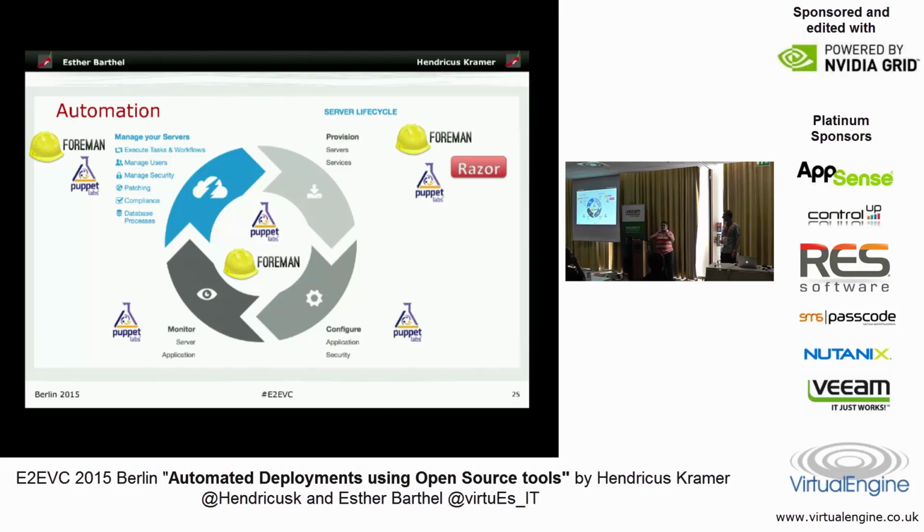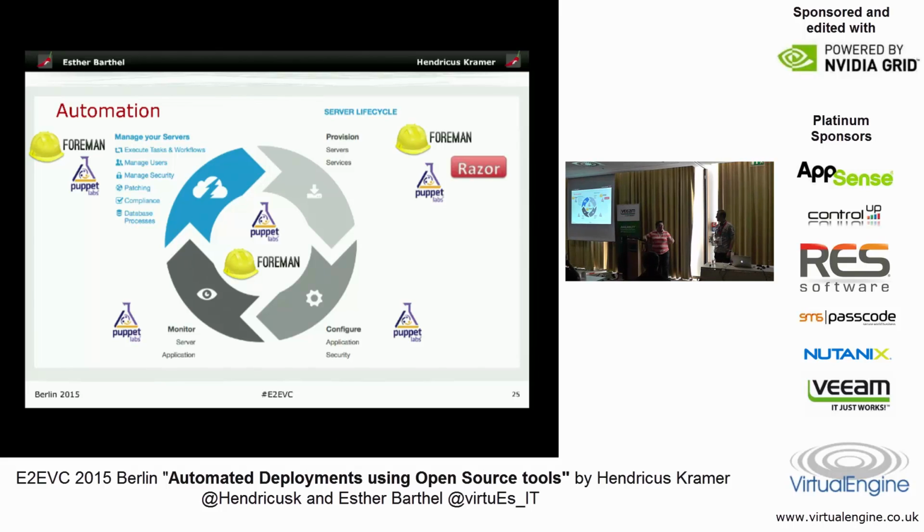Well, I know we didn't get to show you everything that we wanted with all the demos, but maybe you'll just have to take my word for it. He did a very good job convincing me that Puppet, or an open source tooling combination with Puppet and Foreman and Razor, even to get that bare metal deployment process in place, does have a very interesting business case for enterprise environments as well.